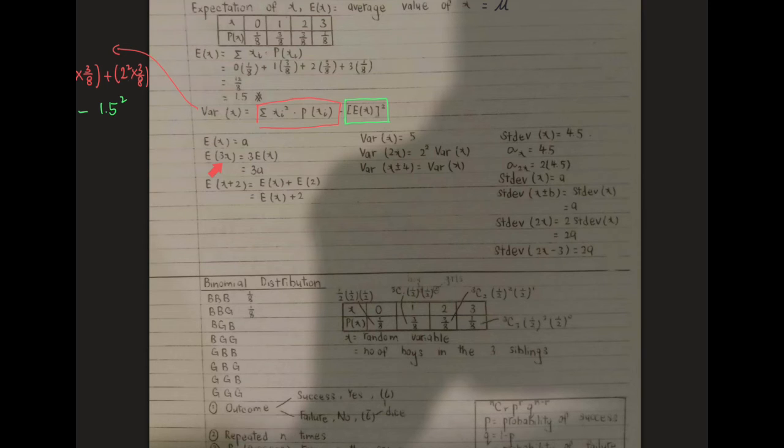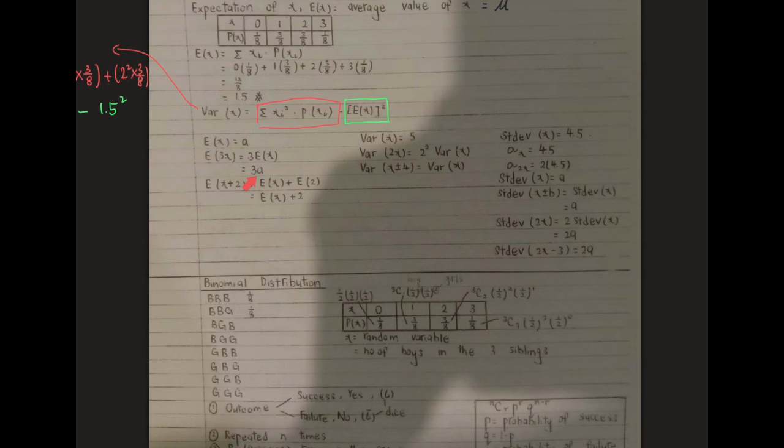If there is a 3X there, then you can take out the 3, then it becomes 3E(X). E(X) is a, so you substitute the a, and you get 3a. When we have 3 over there, then it becomes 3a.